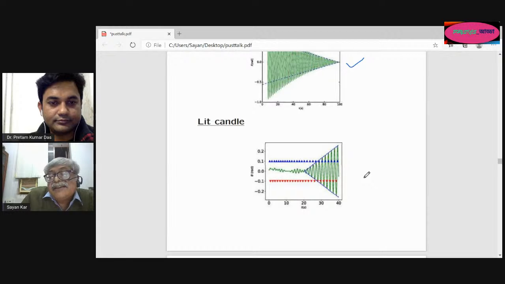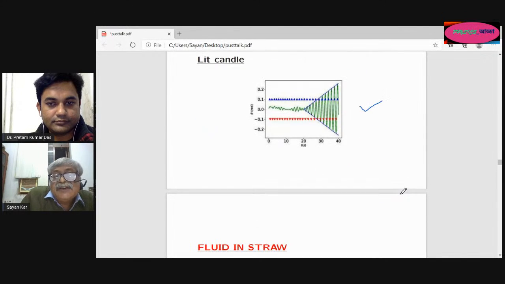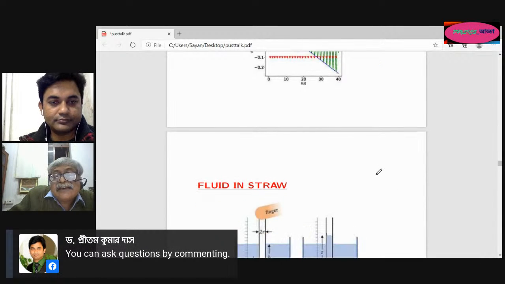And from that, you can actually figure out, using simple mechanics, of course, that you will get growing oscillations and you'll get a candle seesaw. So this is one example of oscillatory motion, which is very interesting and which can tell you a lot more about the physics of oscillations.